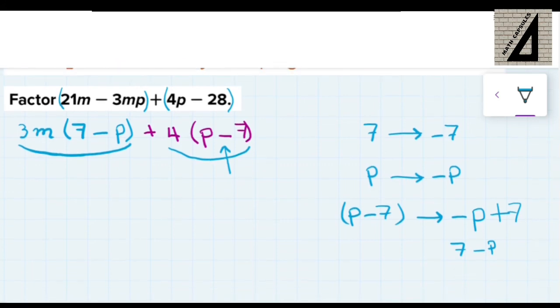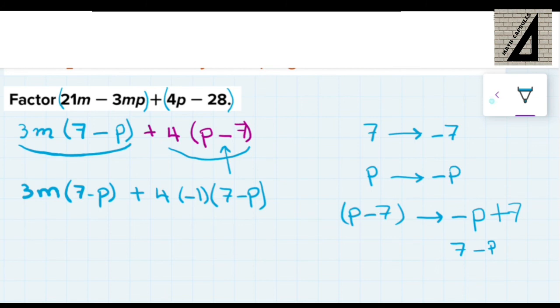We must not change the value, but we can write it like this. I will write here 3m times 7 minus p as it is, and plus 4. Now p minus 7, we know it can be negative 1 multiplied by 7 minus p.